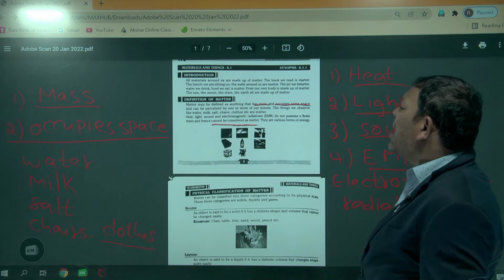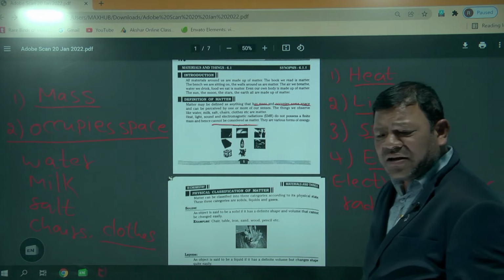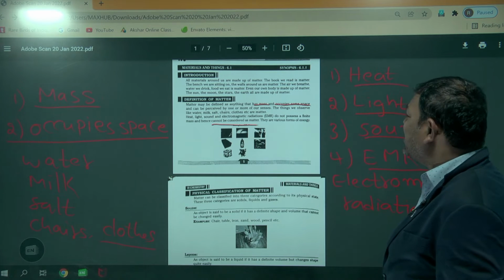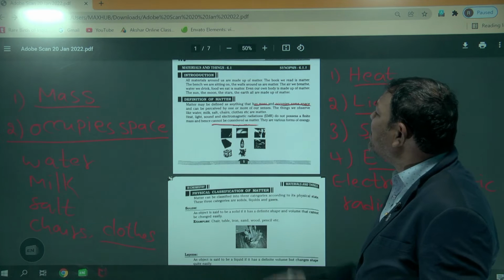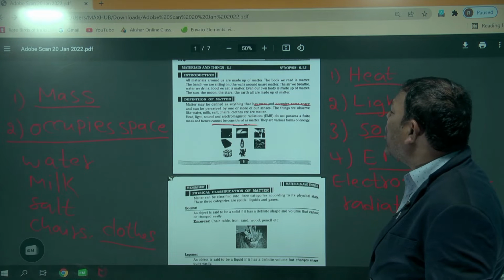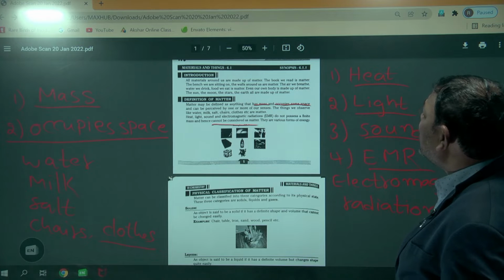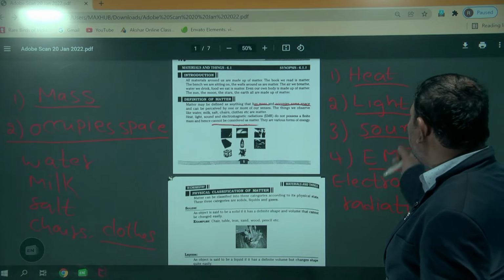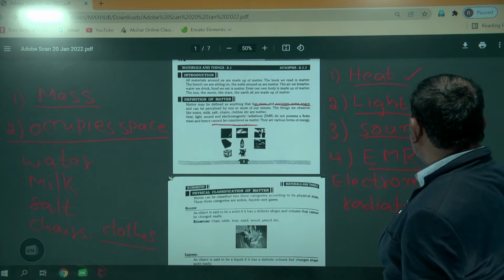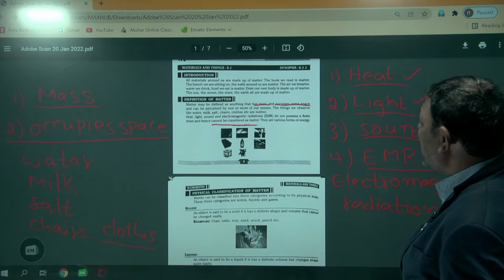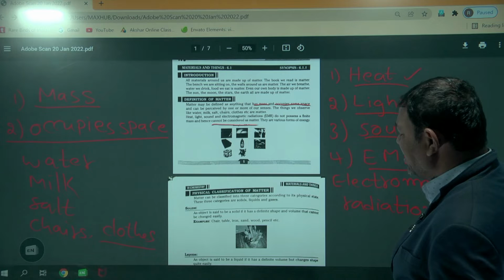Matter means everything that has a sufficient amount of mass, occupies some space, and can be perceived by one or more of our senses. These are called matter, but heat, light, sound, and electromagnetic radiation are different forms of energy.